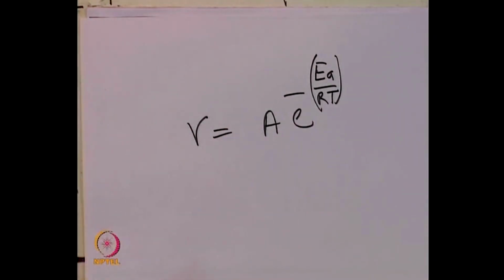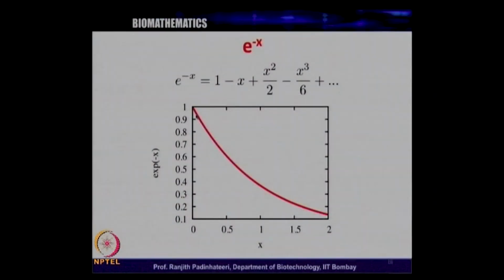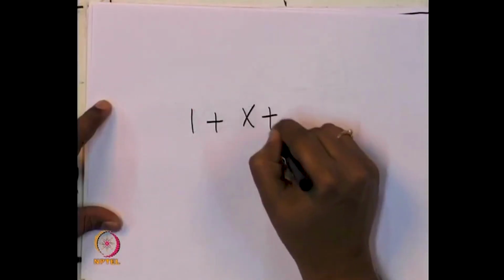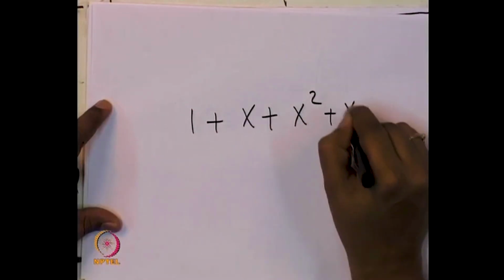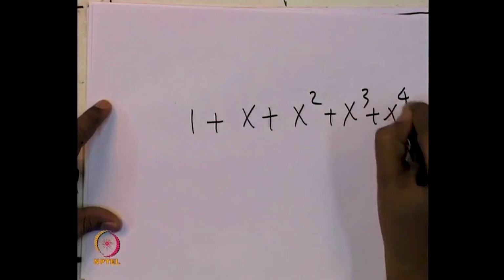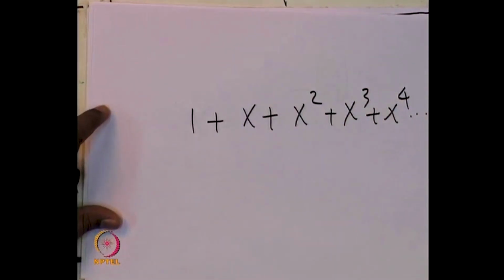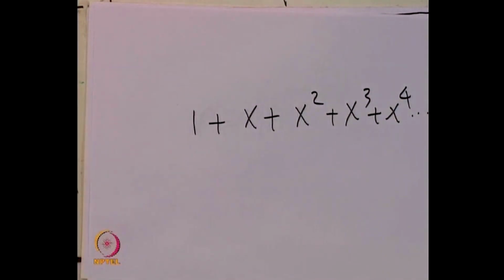You can see here this curve e power minus x decreases as x increases. So this is another example. Now you could ask another question. We saw many combinations, but one simple combination we can think of is 1 plus x square plus x cube plus x power 4, etc. This is the simplest function.